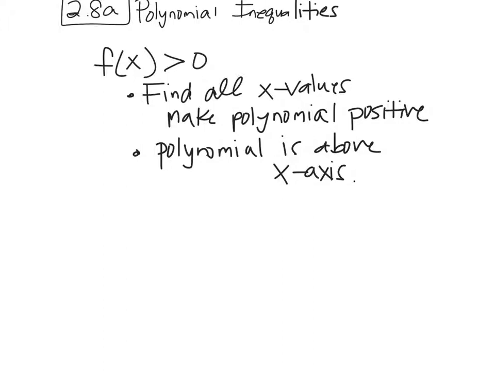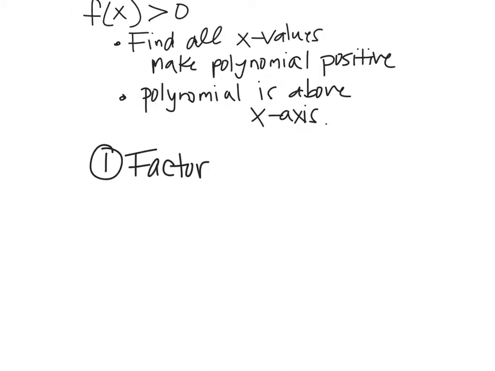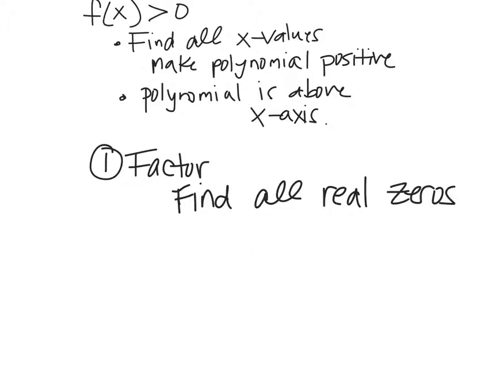So here we go. These are the steps that you're going to take. Number one, first thing you want to do is factor it, or if it's already factored, leave it factored. Don't FOIL the whole thing out. You want to factor it and find all of the real zeros. We don't care about complex zeros for these.